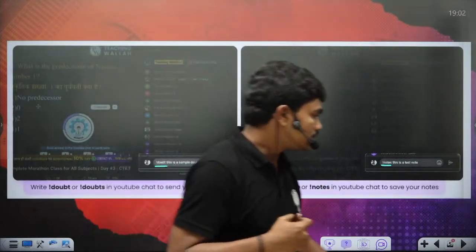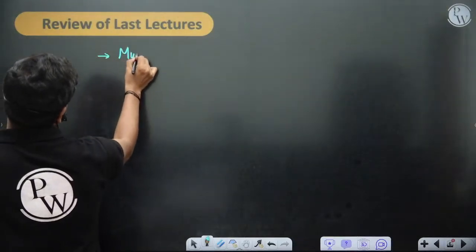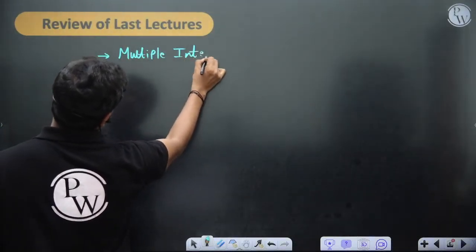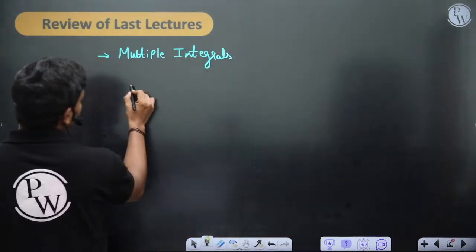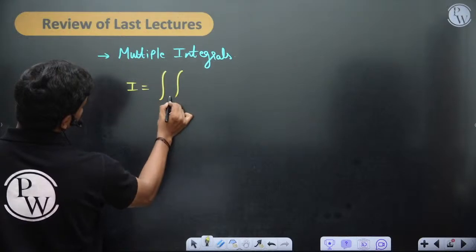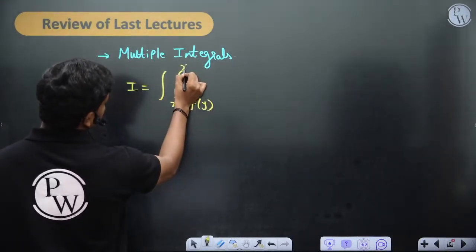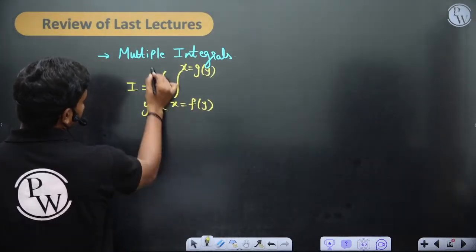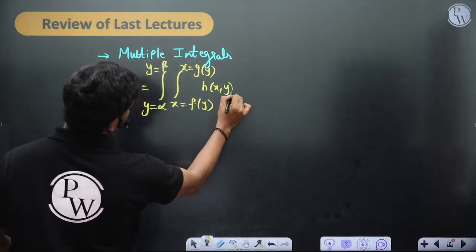In the last lecture we were talking about multiple integrals, and the integrals are of the form I equals the integral from y equals alpha to y equals beta, and x equals some function of y to x equals some other function of y, of h of x comma y dx dy.